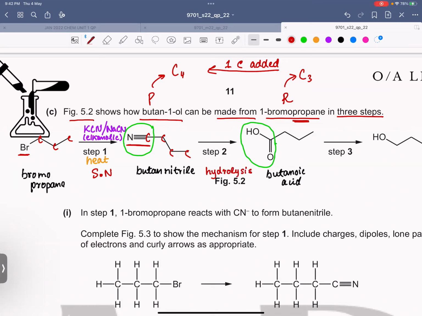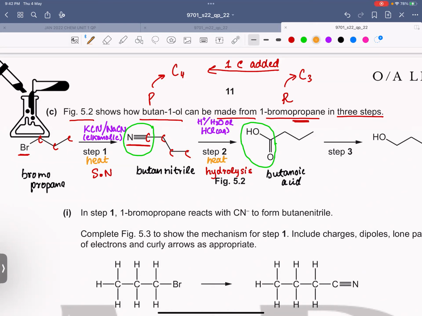For that hydrolysis, we can use a named acid like aqueous hydrochloric acid or aqueous sulfuric acid, or instead just use hydrogen ion and water. Again, we need to heat the reaction mixture for hydrolysis.